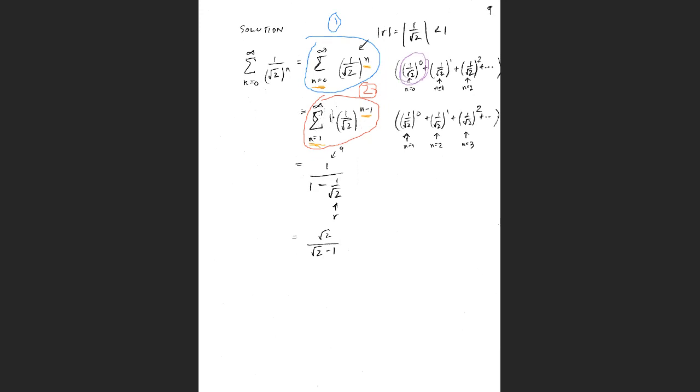Well, the second sum, the first term of the series, is also 1 over root 2 to the 0th power, because when n is 1, 1 minus 1 is 0. See that? Because you're doing n minus 1. So you got to ensure that both series start off with the same value. And once you have that established, you're good to go. All the remaining terms will match like they do here.